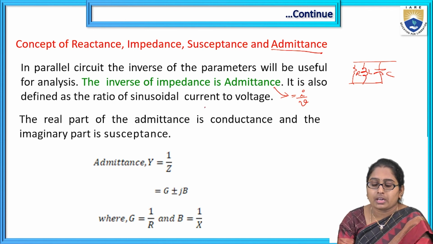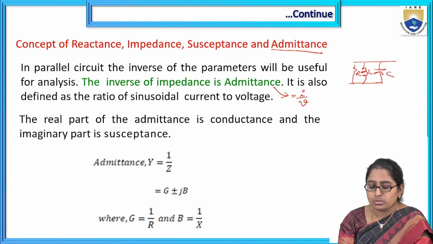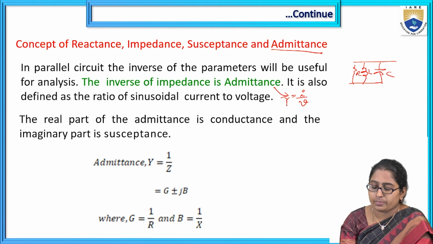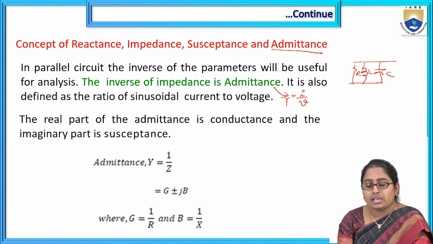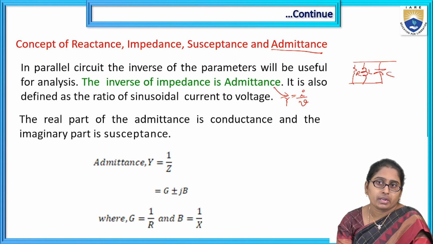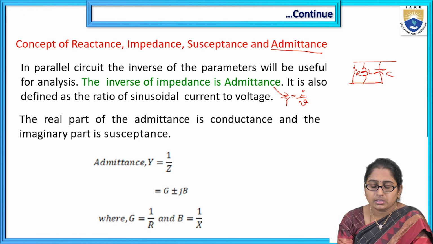Admittance is denoted with the letter capital Y. This admittance also has a real part and an imaginary part, because impedance has a real part and an imaginary part.